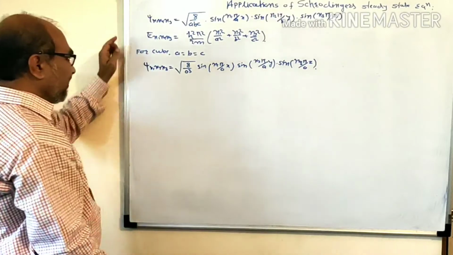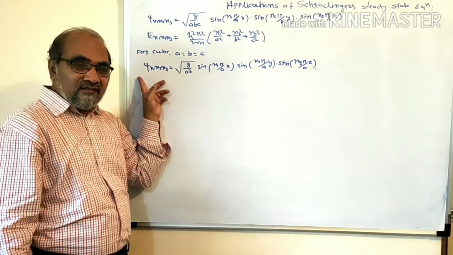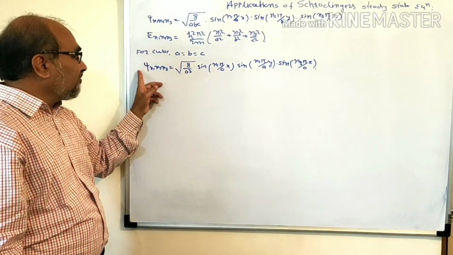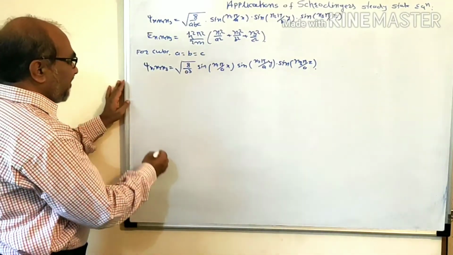So this is the wave function, the eigenfunction for the cube, and the energy eigenvalue.